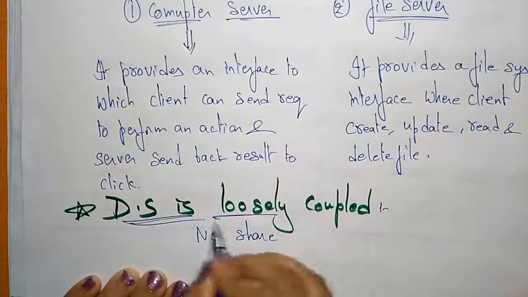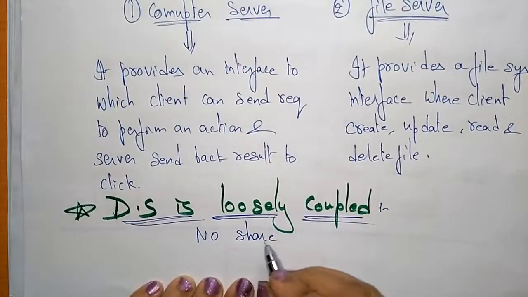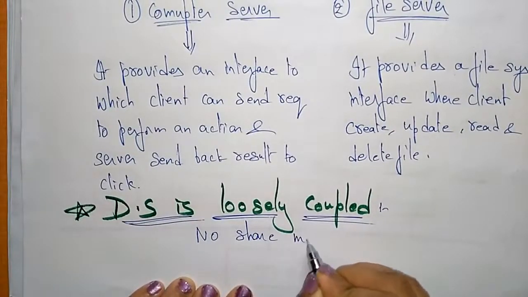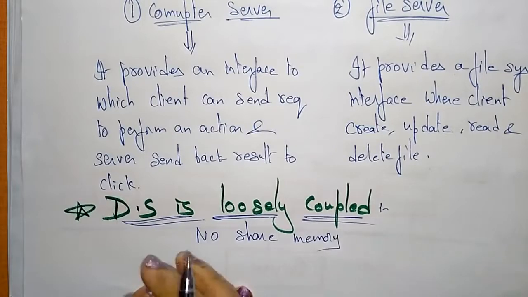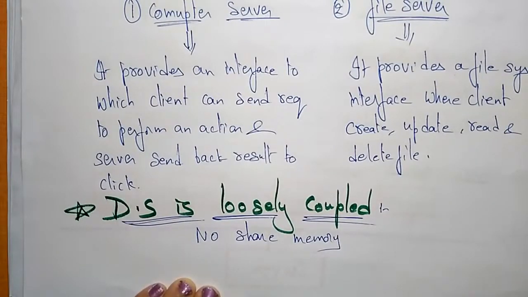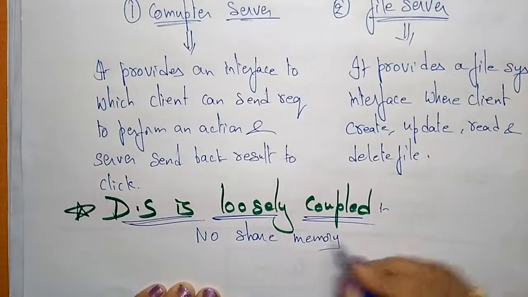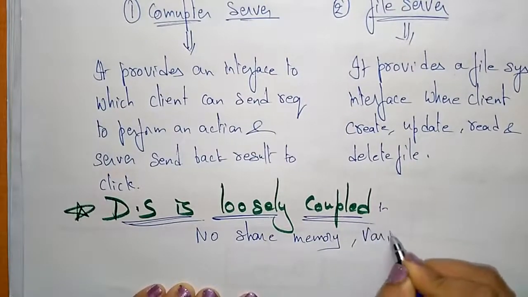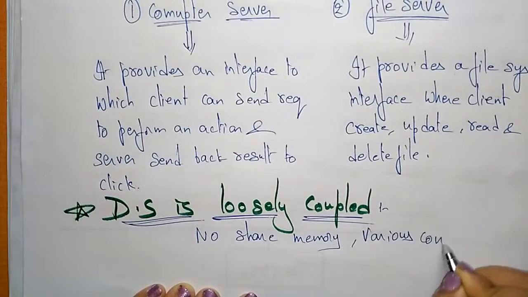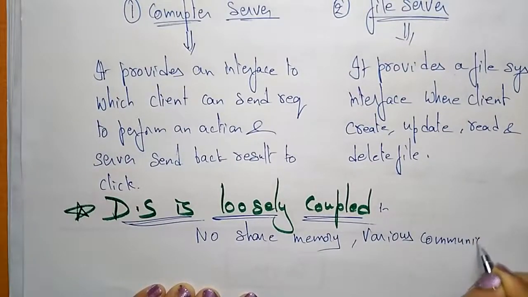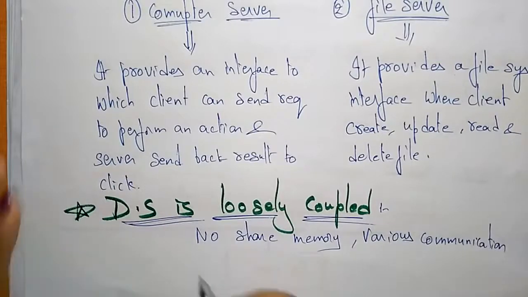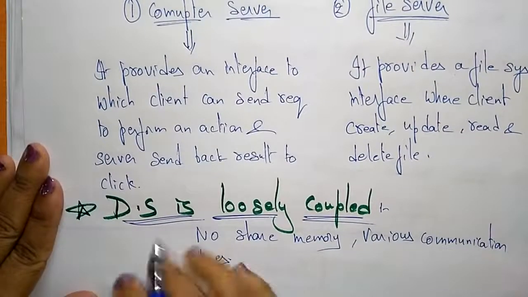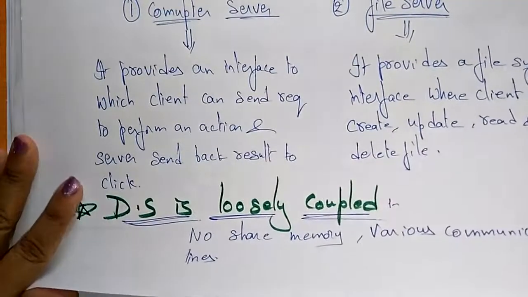A distributed system is loosely coupled because there is no shared memory, because each system is independent of the other systems. Each system has its own processor and its own memory. So no shared memory, and various communication lines will be there. That's why a distributed system is loosely coupled.